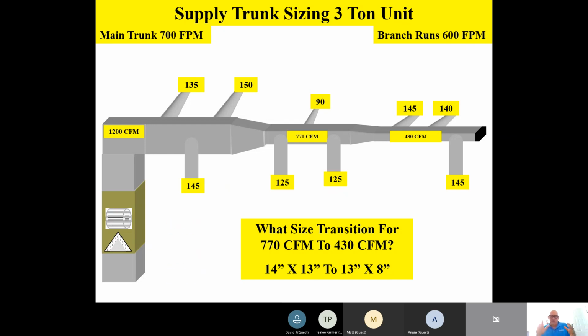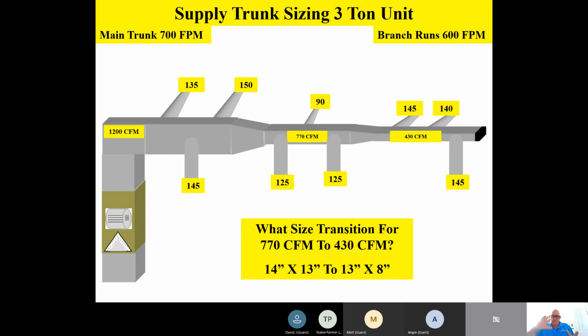So let's just do an example real quick in our heads. Let's say I've got a 10 by 10 room with an 8-foot ceiling. I'm just making that up, okay? So it's 10 by 10, that's 100 square feet. With an 8-foot ceiling, that's 800 cubic feet inside that space. And let's say we're designing for 6 air changes per hour, cooling.